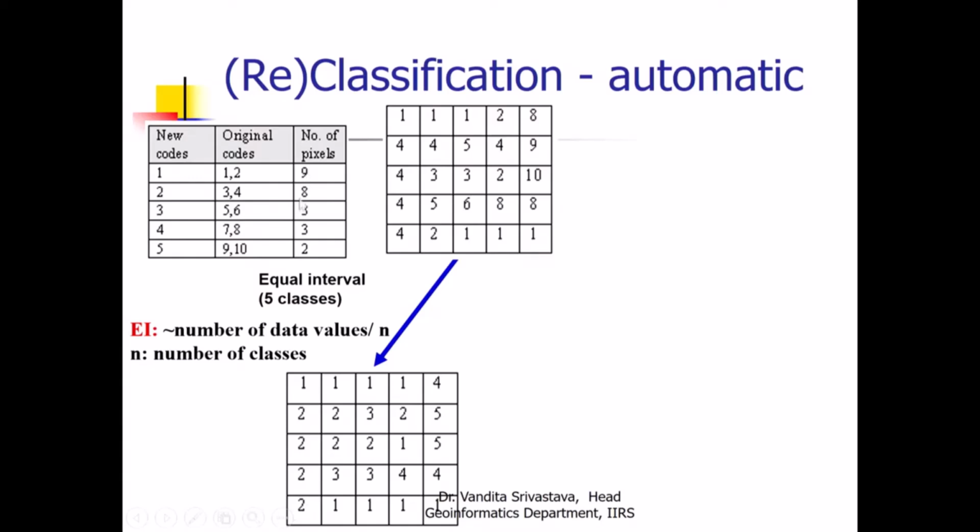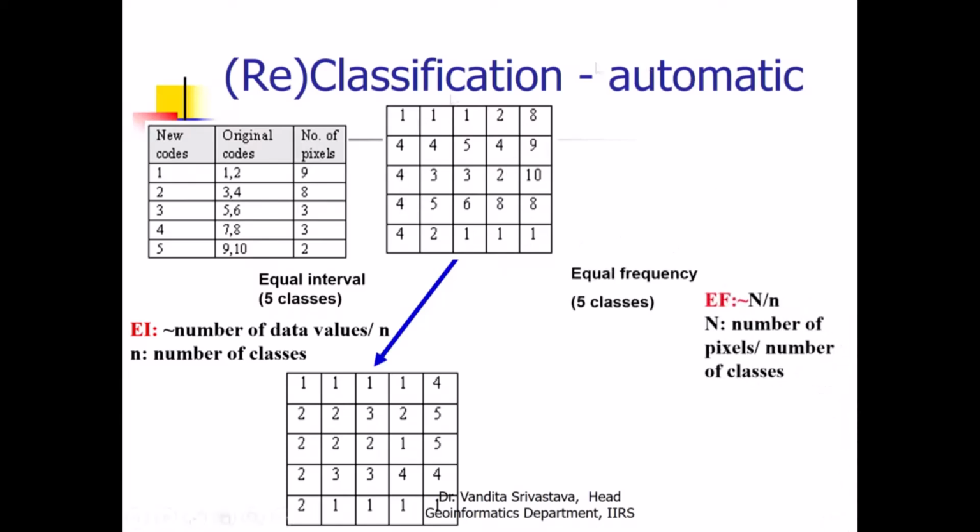So the distribution of the number of pixels is not uniform. Okay, that is why, if you want to see equal representation from each input class, then you would like to have an equal frequency classification. And for that, you would need to basically divide the number of data points by the output classes. So if here we have 5 by 5, that is 25 divided by 5 classes.